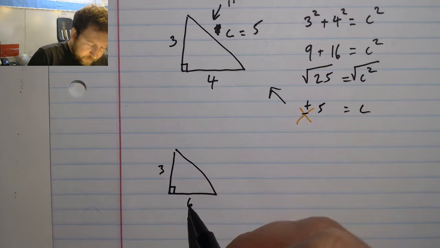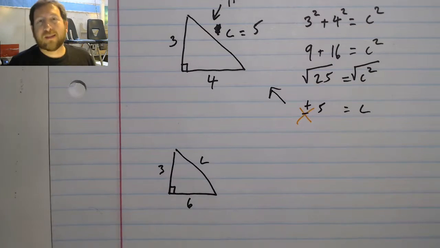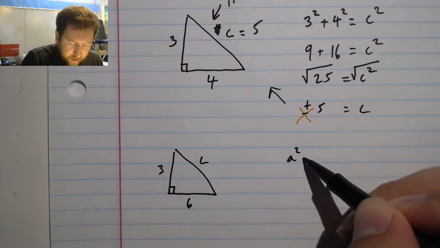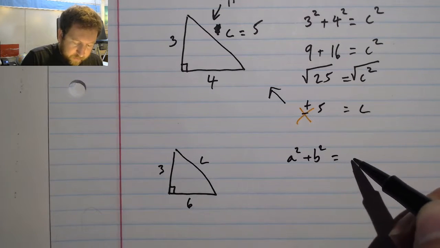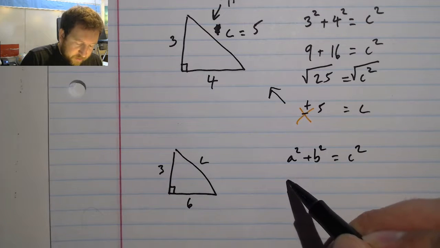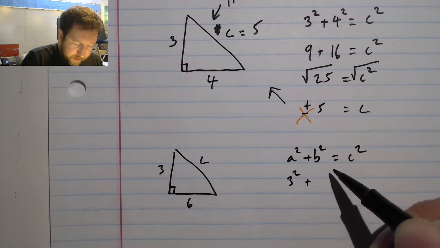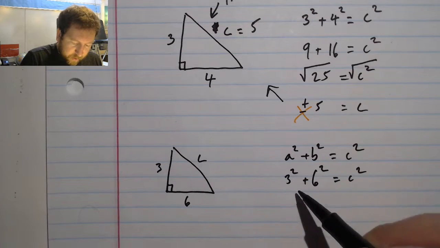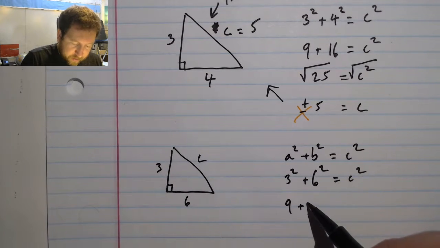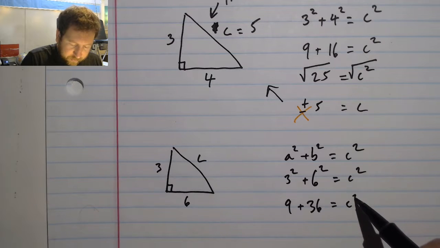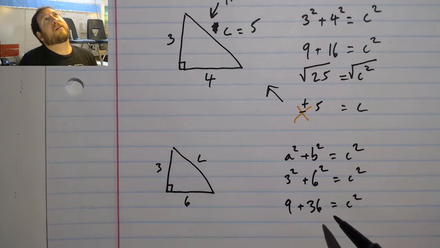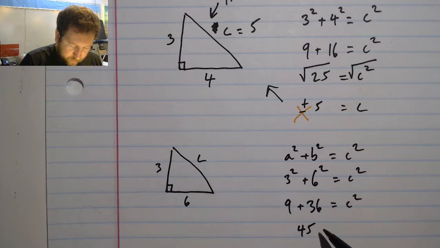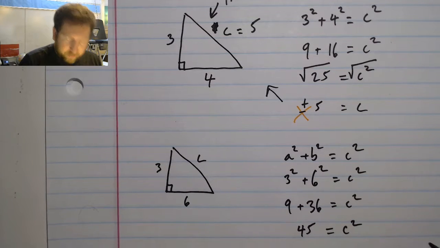Sides 3, 6, and C in this case, the unknown. Okay, let's use our Pythagorean theorem. A squared plus b squared equals c squared. I'm going to substitute in 3 squared plus 6 squared equals c squared. 3 squared is 9 plus 6 squared is 36 equal to c squared. 9 and 36 is 45, I hope, equals c squared.